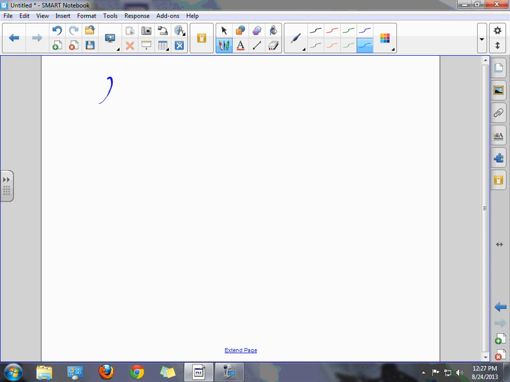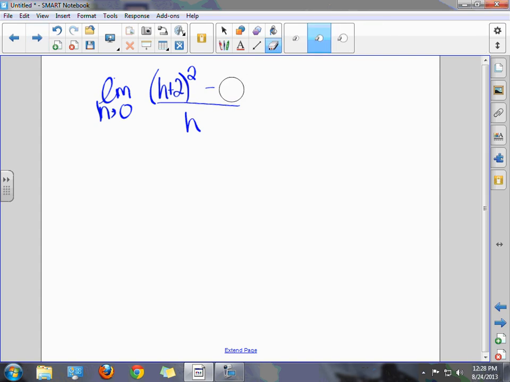So here we have the limit as h approaches 0 of h plus 2 all squared minus 4 all over h. So if I see that we're looking as h goes to 0 and my denominator is just h, this is going to give me a denominator of 0.